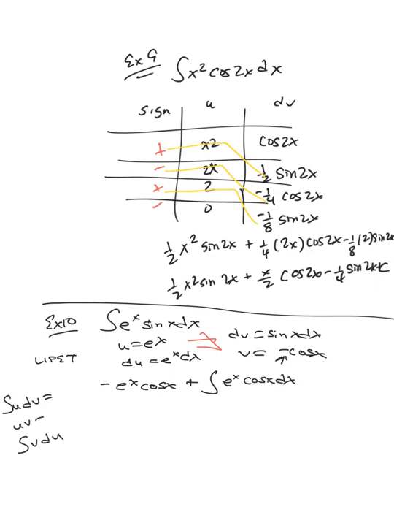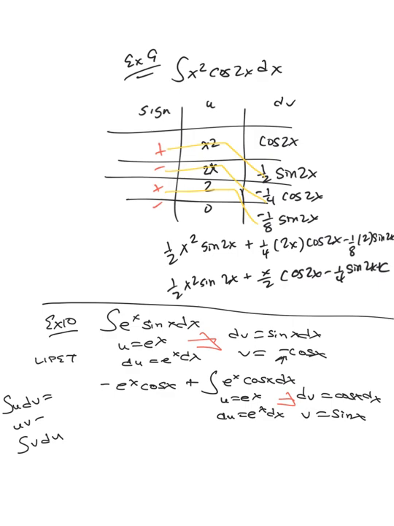So now I start all over. U is e to the x, du is e to the x dx, dv is cos x dx. That means v is sine x. Lucky number 7 again.